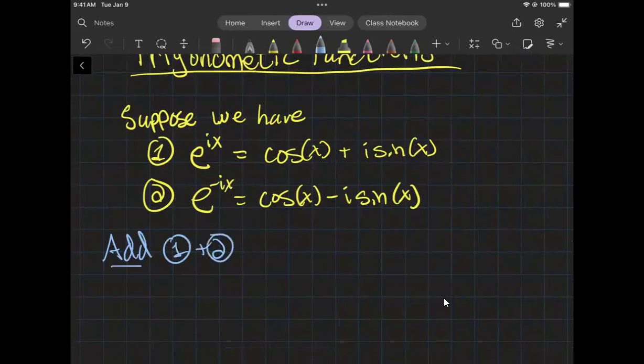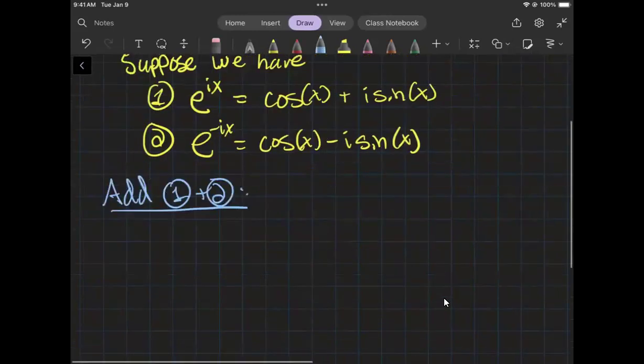the first and the second equation together, what I will get is, oh, I'm sorry, it's not right. So on the left, I'll have e to the ix plus e to the minus ix, excuse me.